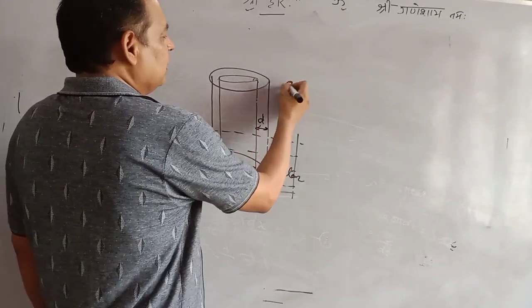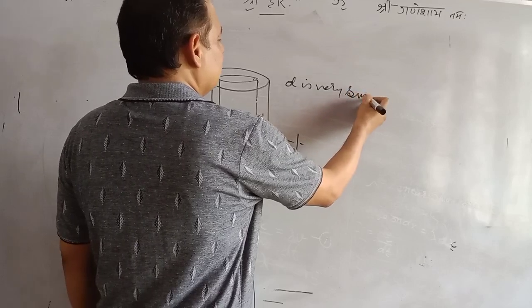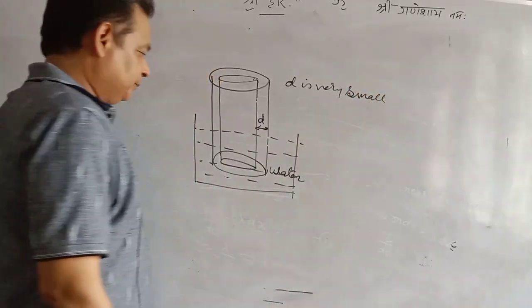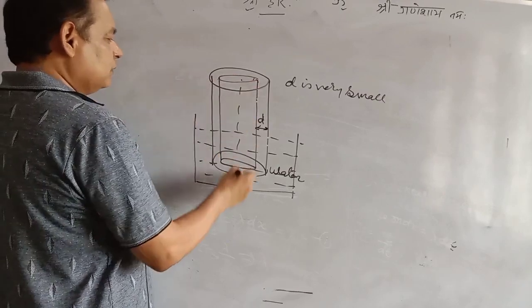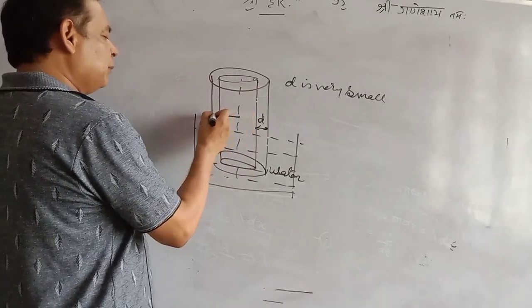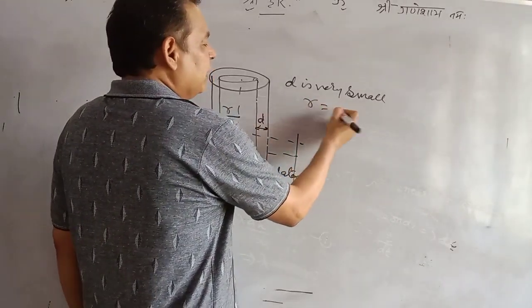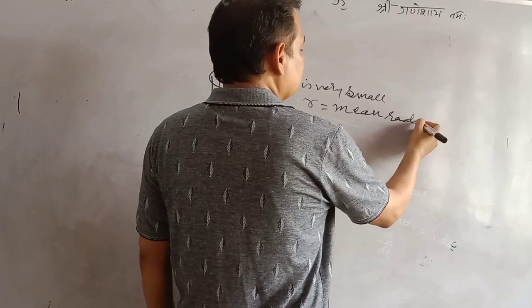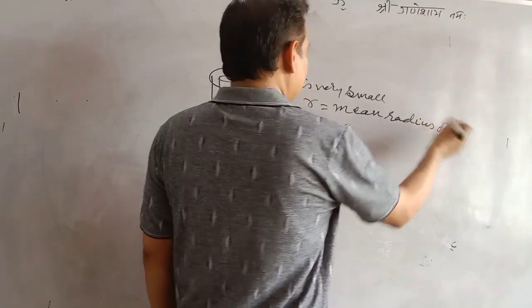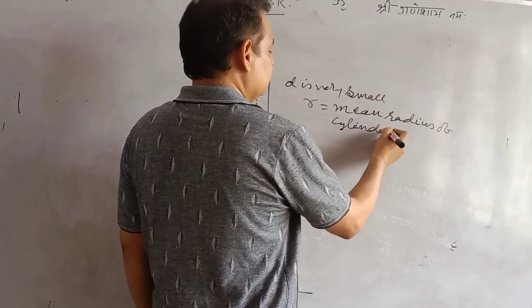This D is very small. Its mean radius of this curved part is R. R is mean radius of cylinders.